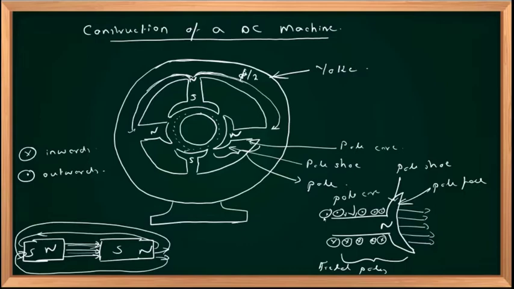In that case, this pole will act as a north pole for a few milliseconds, and after 20 milliseconds it will act as a south pole, and again after 20 milliseconds as a north pole. So it is continuously changing. Right. That means you cannot use an AC current for excitation purposes. So you should use only DC currents for excitation.